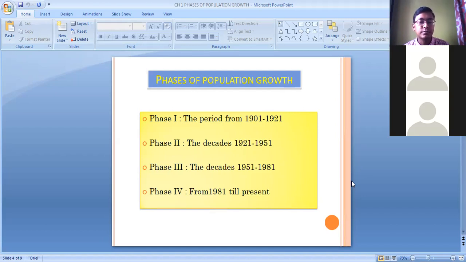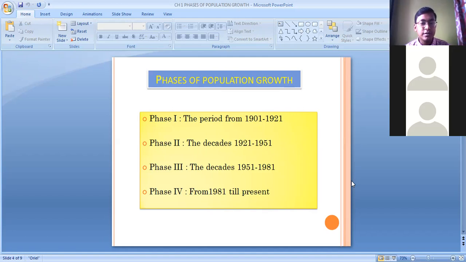So the period between 1901 to 1921 is phase 1, 1921 to 1951 is phase 2, 1951 to 1981 is phase 3, and 1981 till present is phase 4. In these 4 phases, the population of our country increased at a different growth rate, and different factors influenced the population growth in these different time periods.